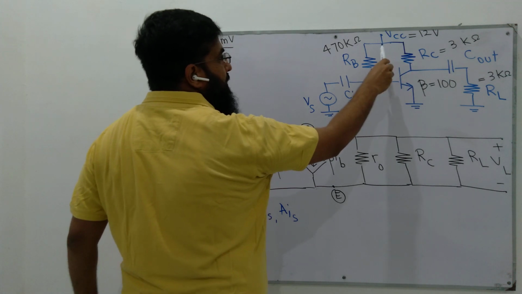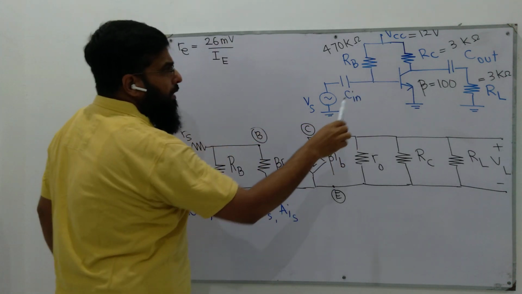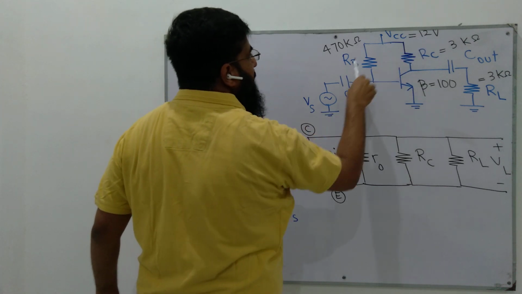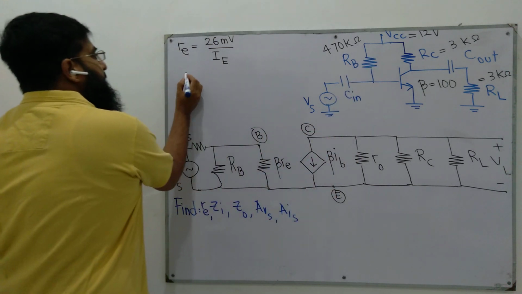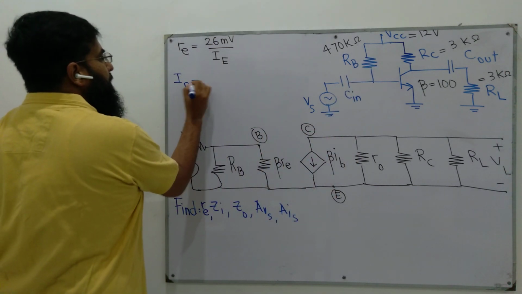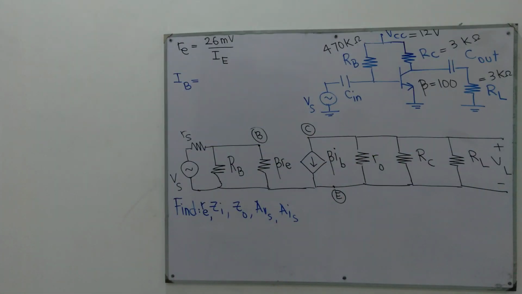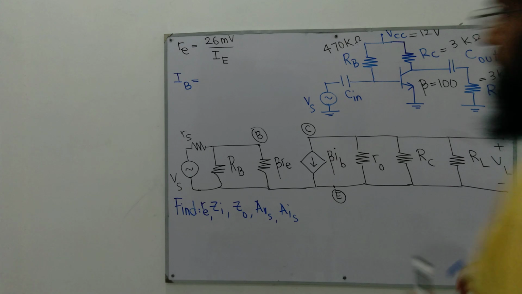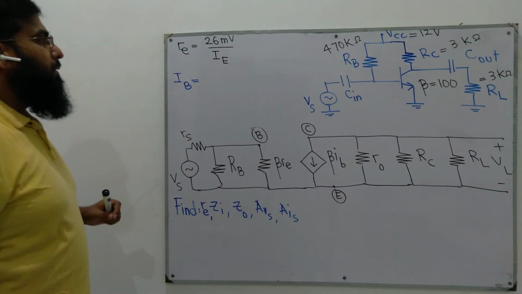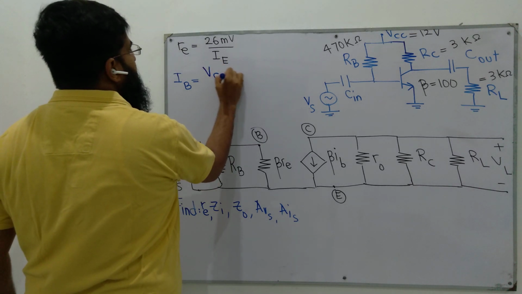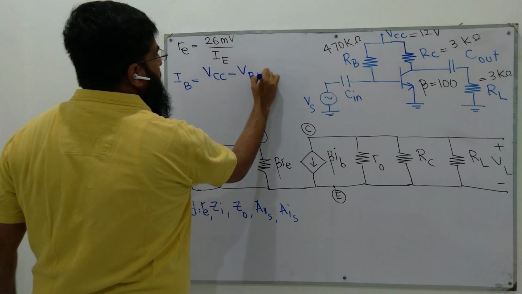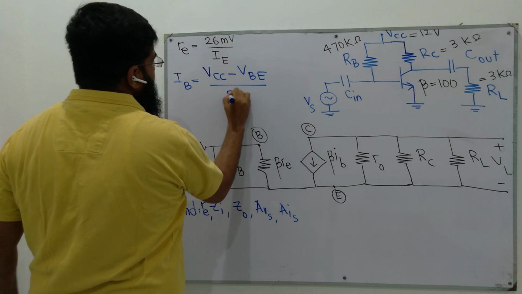The DC analysis suggests that the input loop involves VCC, RB, and the base emitter junction voltage VBE. The expression that we derived in one of our earlier lectures is IB equals VCC minus VBE over RB.